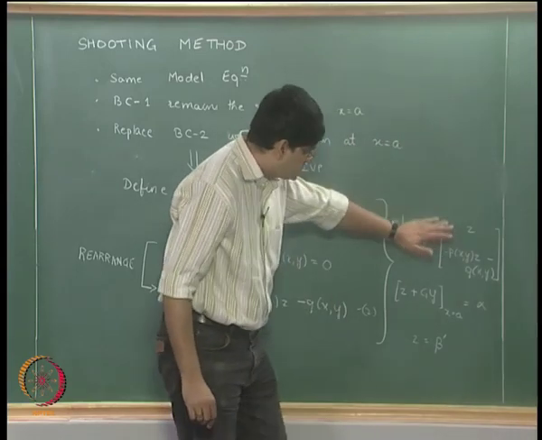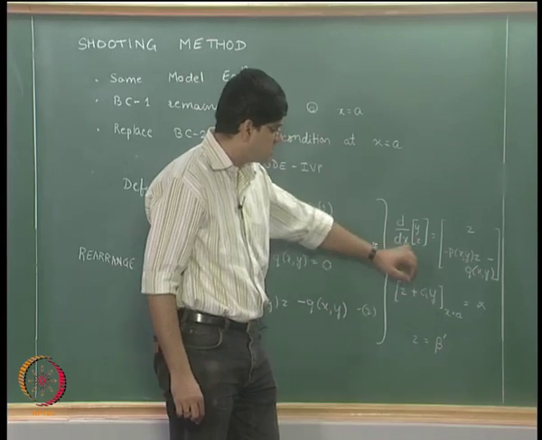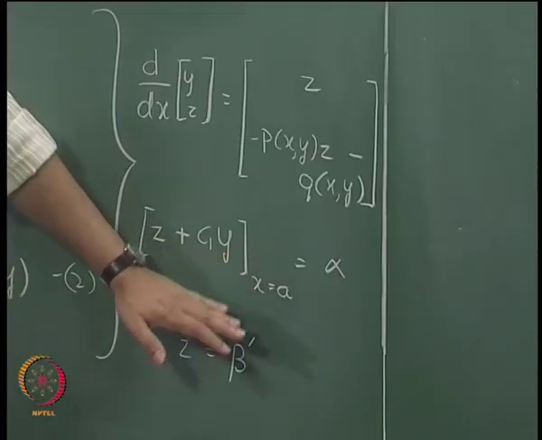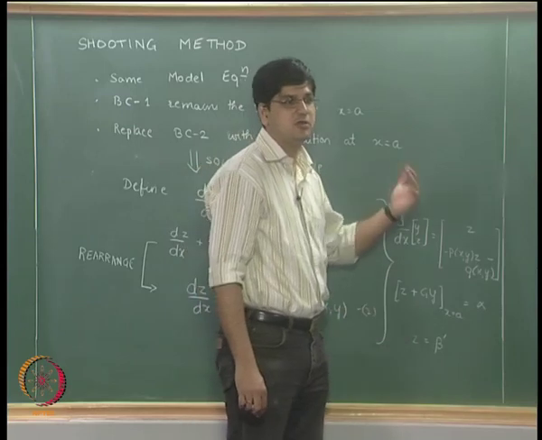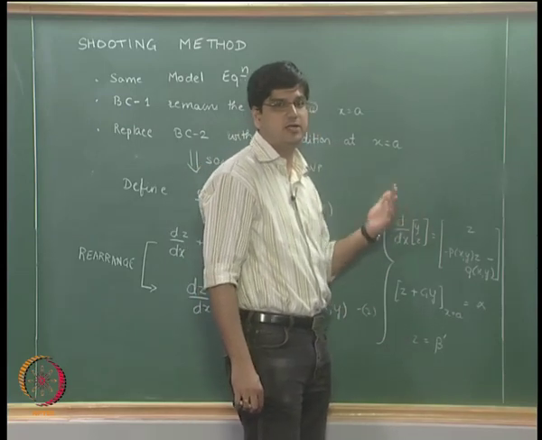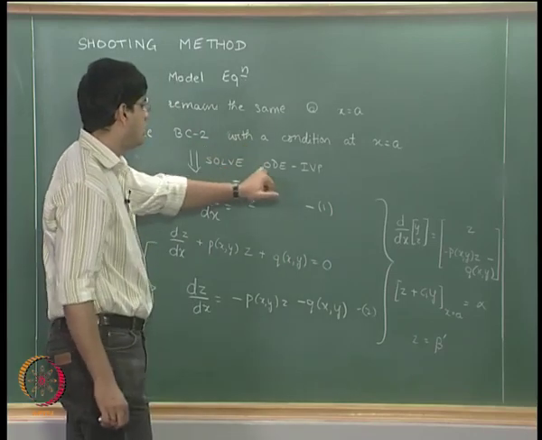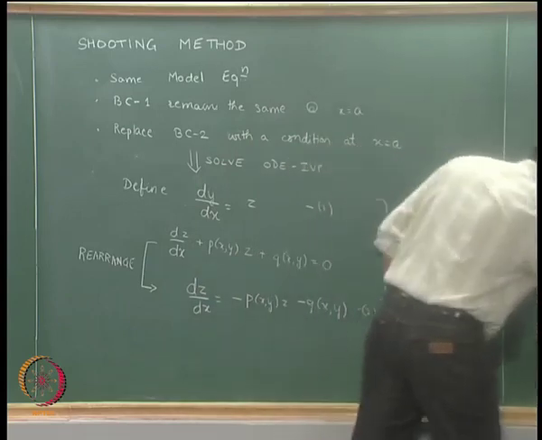So, now this is a problem that we can solve because this is an initial value problem in variables y and z, with two initial conditions, and we will solve it from x equal to a to x equal to b. So, replace BC2 with this, and solve the ODE IVP from x equal to a to x equal to b.